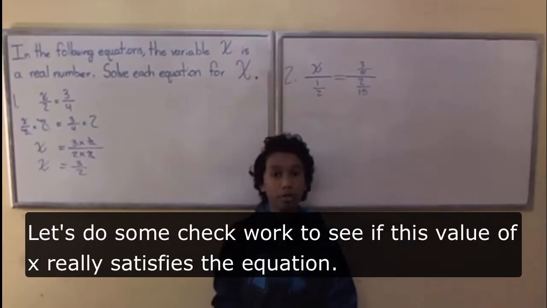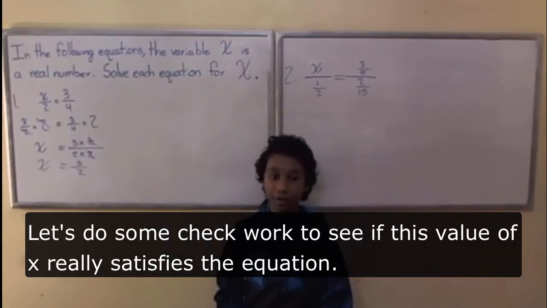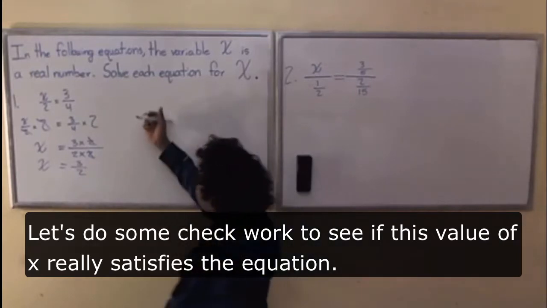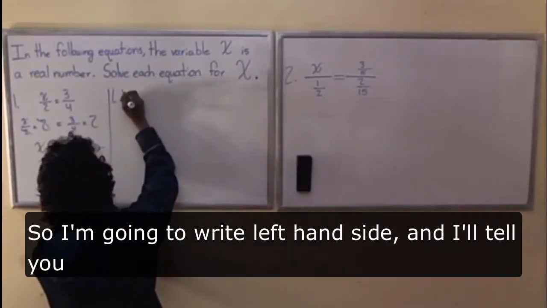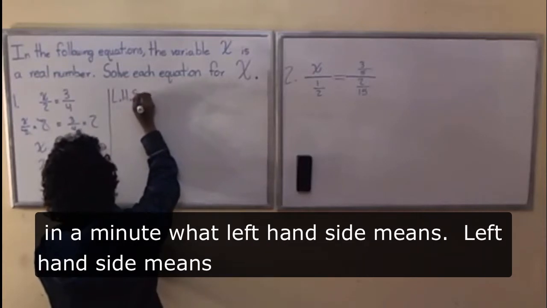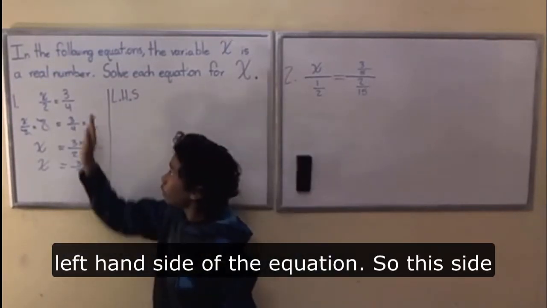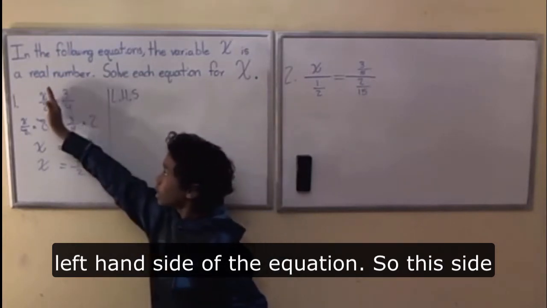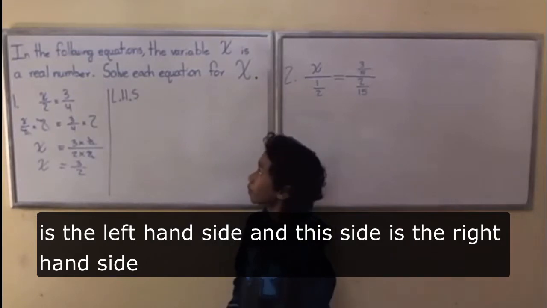Now let's do some check work to see if this value of x really satisfies the equation. So I'm going to write left-hand side, and I'll tell you in a minute what left-hand side means. Left-hand side means left-hand side of the equation. So this side is the left-hand side, and this side is the right-hand side.